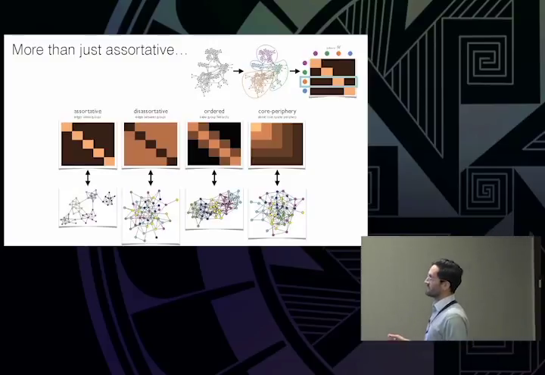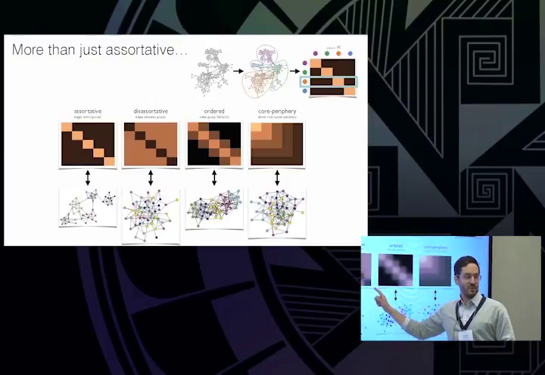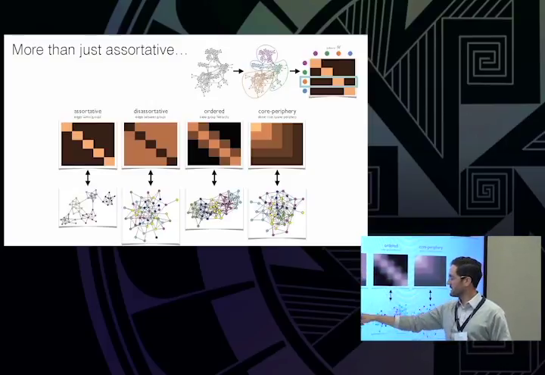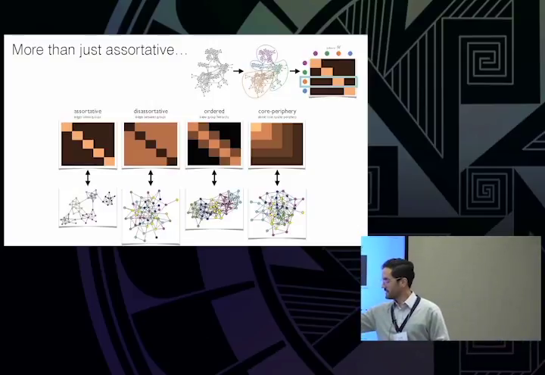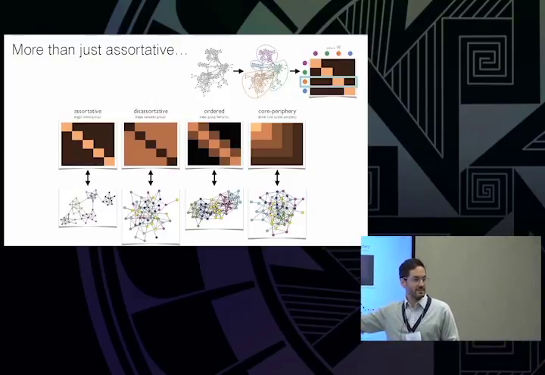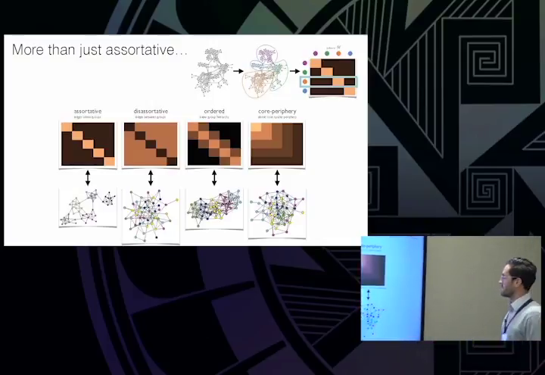But we can also have disassortative communities. So now I'm saying you don't get to connect to people within your group, but you do want to connect to people in other groups, and we can get different structures. Of course, visually, this looks like garbage down here. We can't see the structure. But when we actually look at the blocks themselves, the structure just pops out.